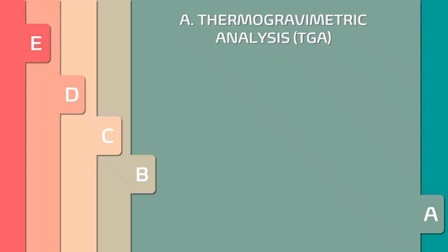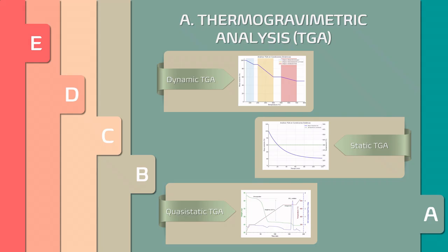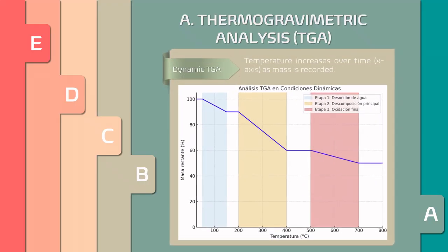In TGA, three variations are commonly employed: dynamic TGA, static TGA, or quasi-static TGA. In dynamic measurements, the temperature continues to increase over time as mass is recorded.